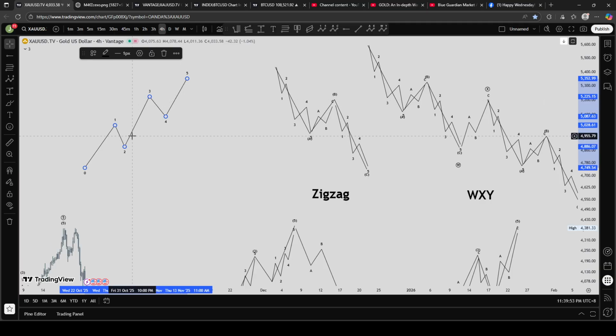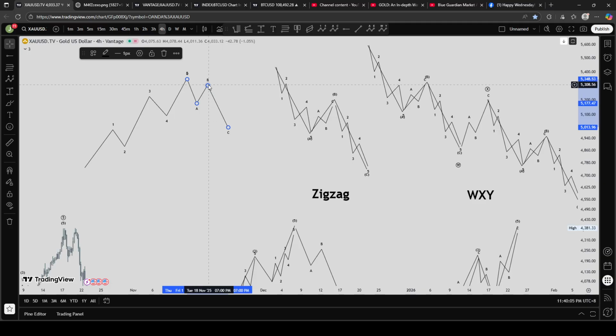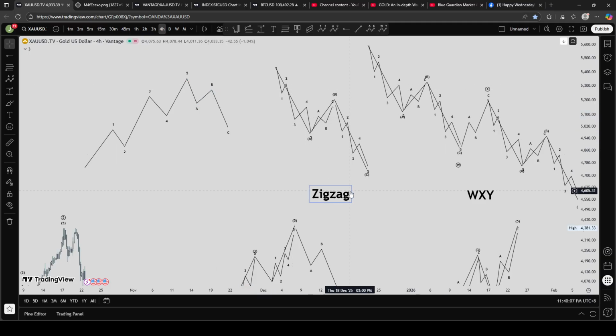I mentioned that the correction may happen after the internal waves of the fifth wave are completed. And usually the corrective structure is like this. Most commonly, the corrective structure is a zigzag or a 5-3-5 like this.